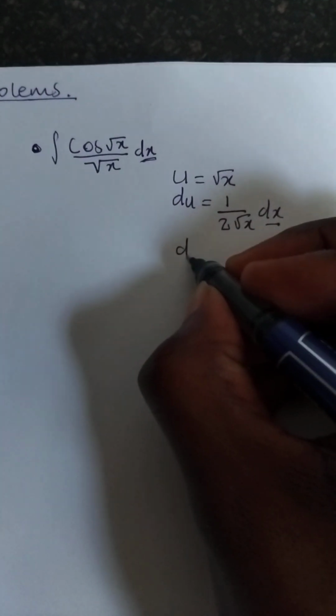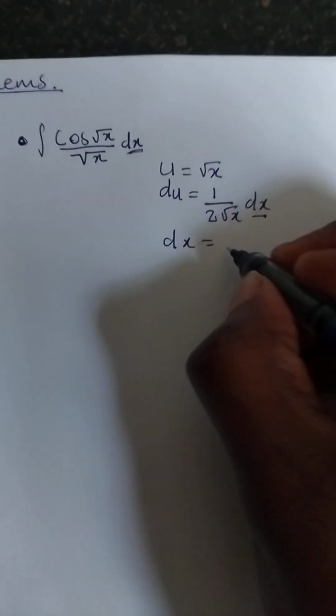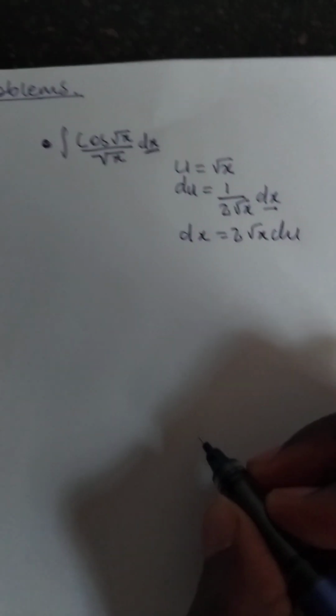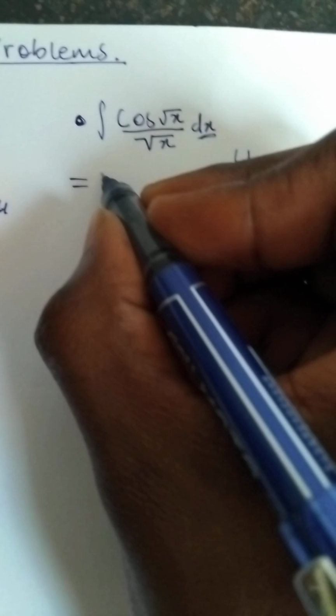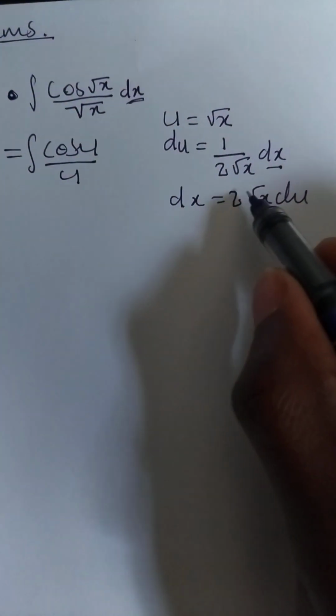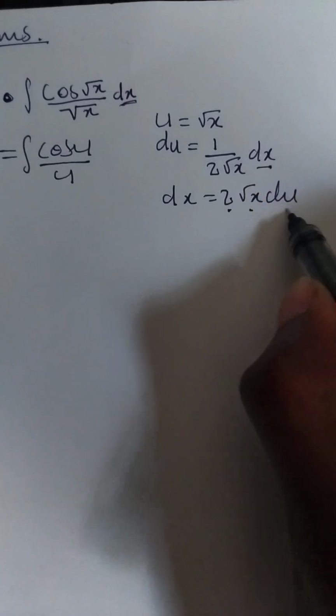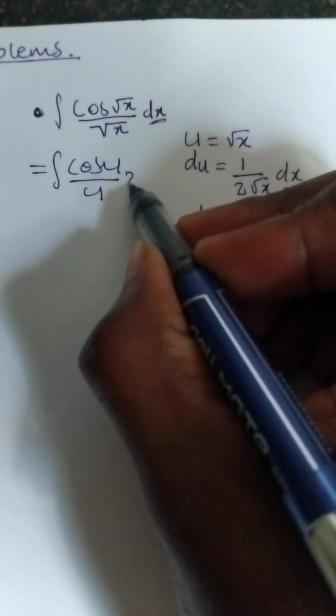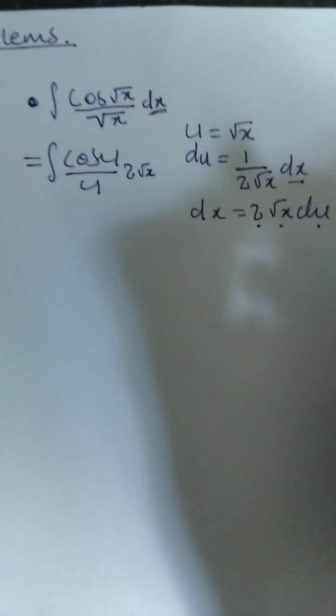So we have dx equals, we cross multiply, we get 2 root x du. So now this integral simplifies to the integral of cos of root x, which is u, so it's cos u divided by u. Then what is dx? dx is 2 root x du.